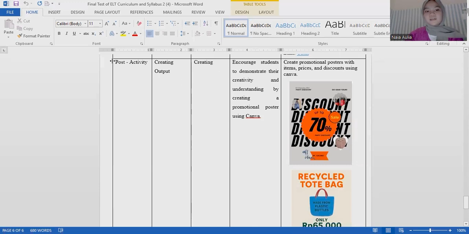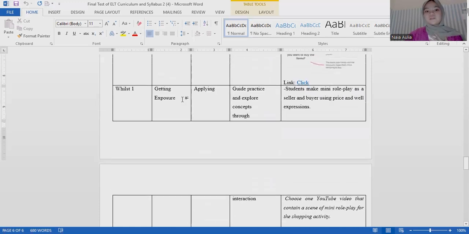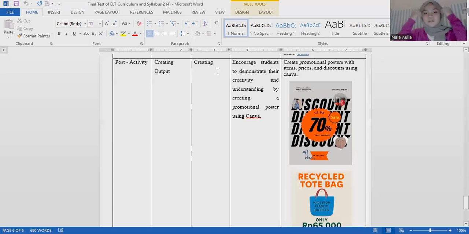And last is the post activity. In the post activity, the framework stage is creating output, and the Bloom's level is creating. The instructional function is to encourage students to demonstrate their creativity and understanding by creating a promotional poster using Canva.